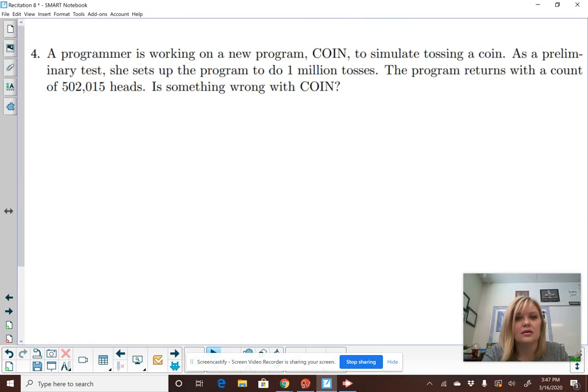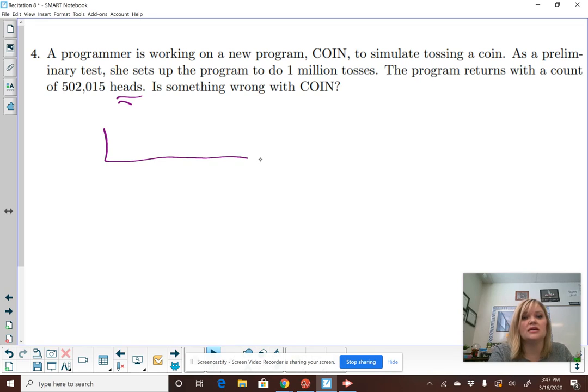And then on 4, if you think, when you toss a coin, you have 2 ways that it could land, right? This problem is only looking at when the program returns a heads.